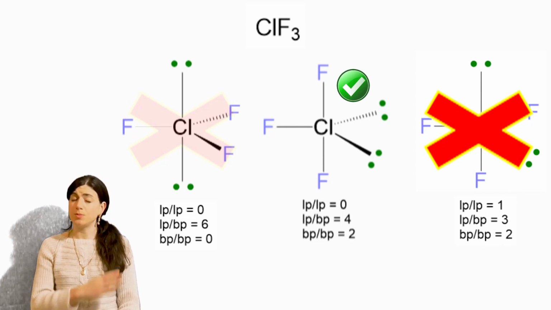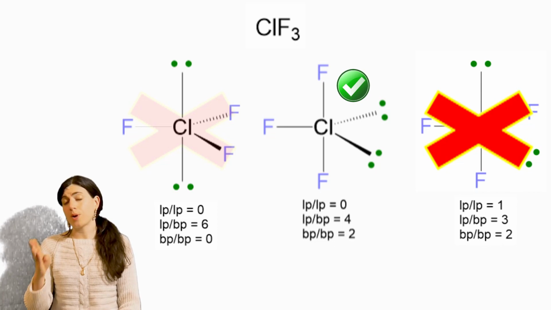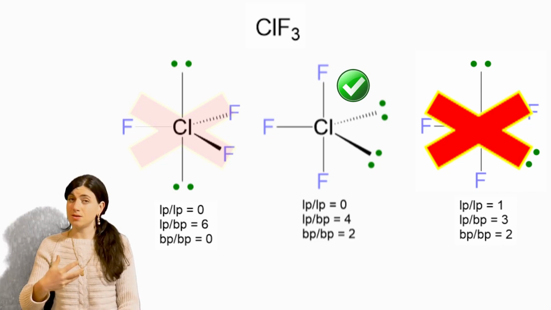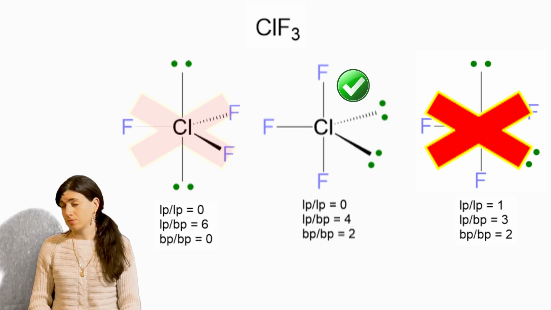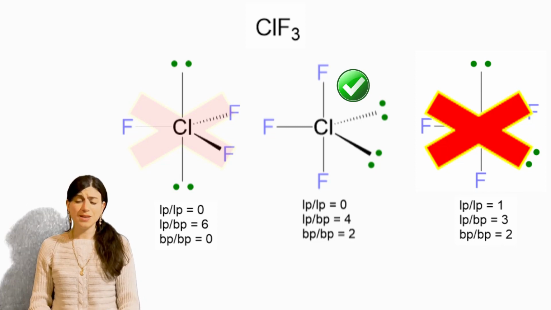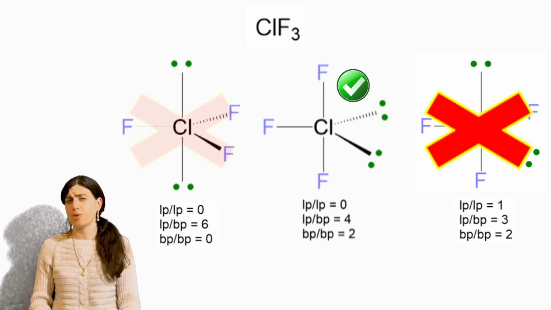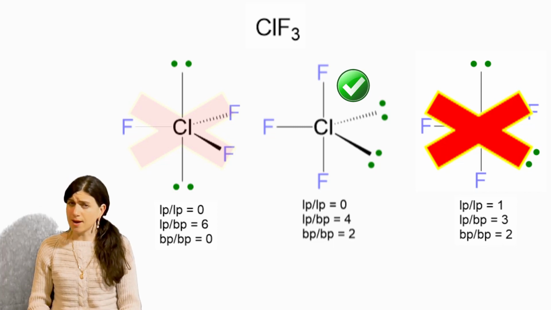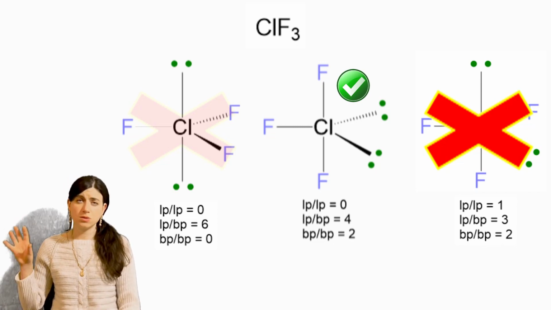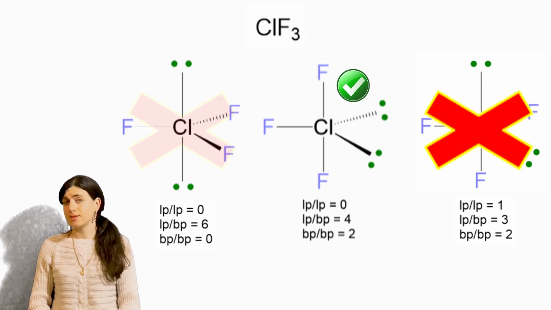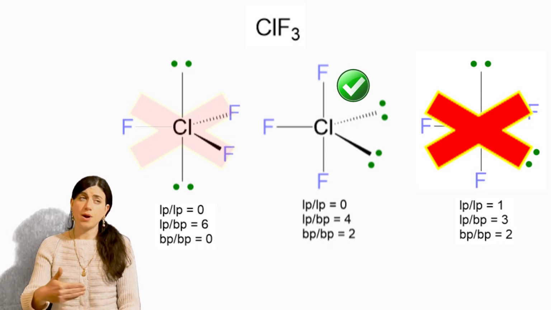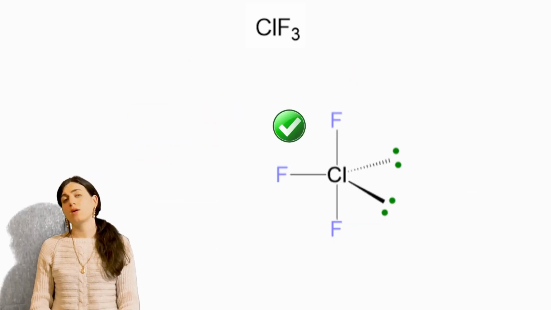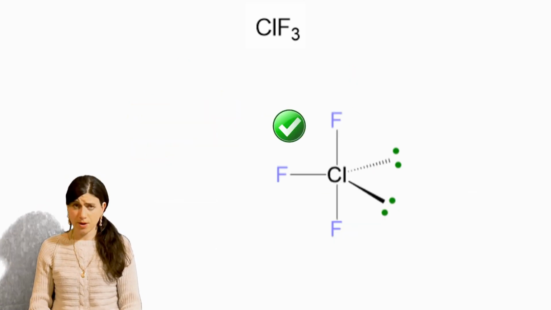As I told you at the beginning of this video, lone pair bond pair repulsions are greater repulsions if compared with bond pair ones. So this means that even if we have some bond pair repulsion at 90 degrees, it is not enough to make our second structure more unstable than the first one with more bond pair lone pair repulsion. So this is our most stable electron arrangement.